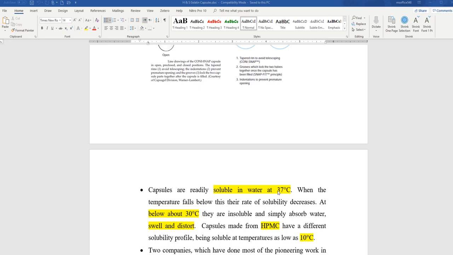If the temperature, this is in vitro, let's say, is less than 30, then it will not dissolve, but instead it will swell and distort. Swell means it inflates. Distort means it will not retain its shape. Okay? So at body temperature we have no problem.